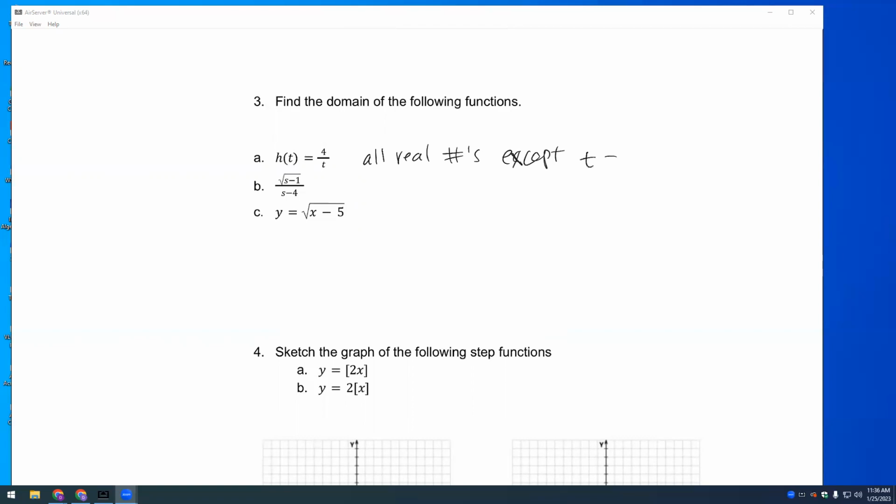Okay, because if you make t equal to 0, it's undefined. Letter B, all real numbers except what? S can't equal 4. Good. Because if you plug in 4 for S, what happens to the denominator? It's 0, so it's undefined. Okay, so you can't do that.